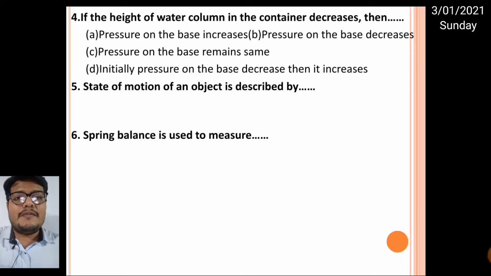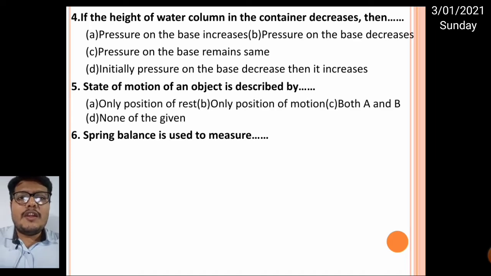Okay, so let's see number 5. State of motion of an object is described. How can we describe the state of motion of any object, right? Here there are options. A: only position of rest, when the object was at rest. B: only position of motion, when that object comes in motion, only that time and that place are required.